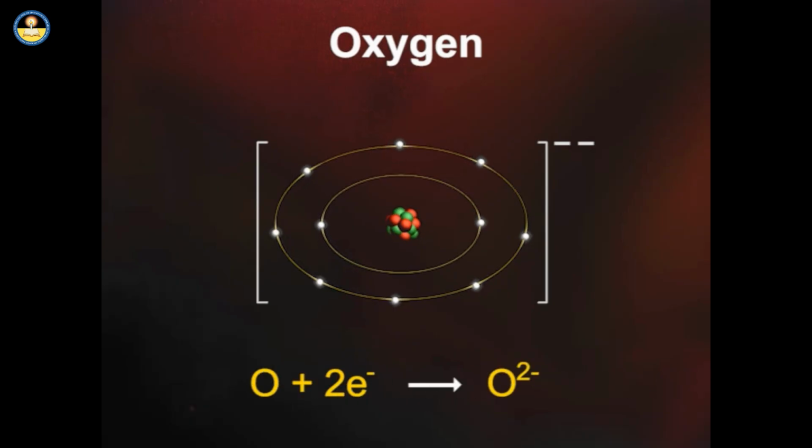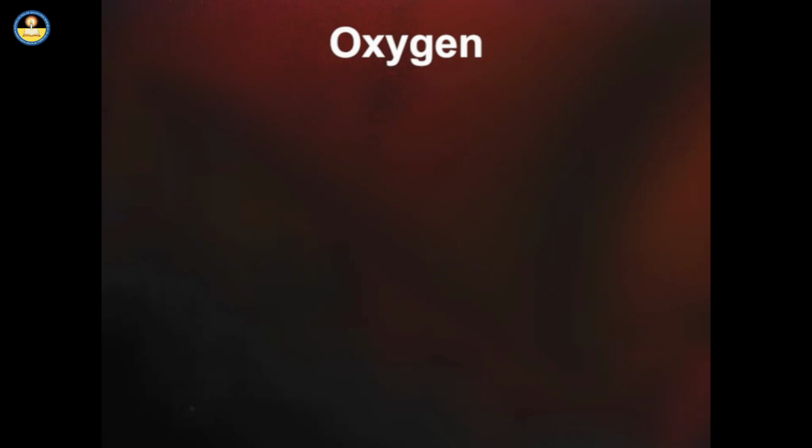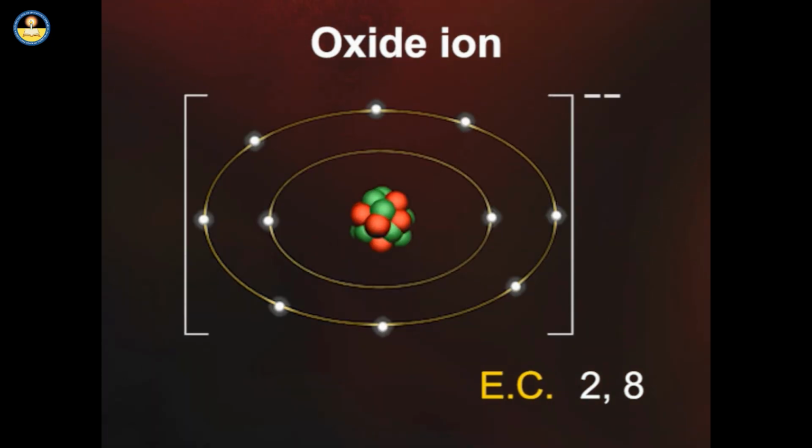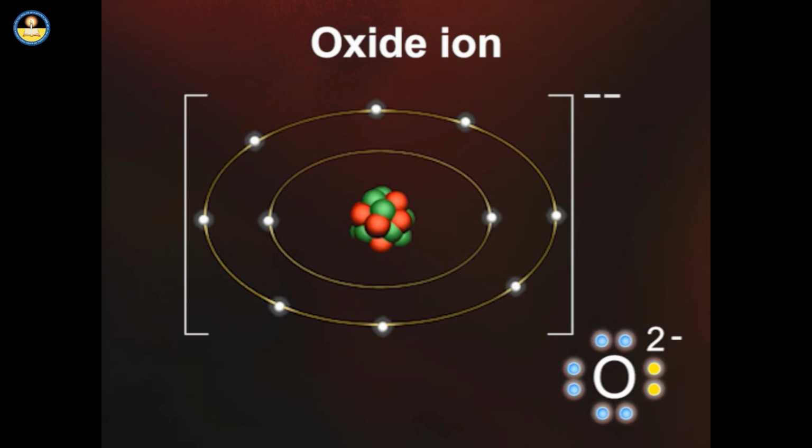Oxygen accepts 2 electrons to become oxide ion, that is O2- ion. Oxygen has electronic configuration of 2,6. Oxide ion has electronic configuration of 2,8. The oxide ion now has 8 electrons in the outermost shell, which is represented by 8 dots.